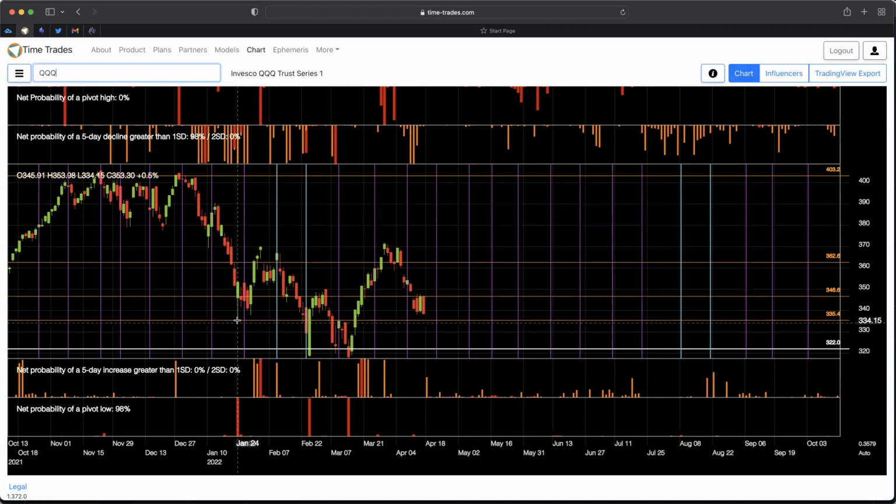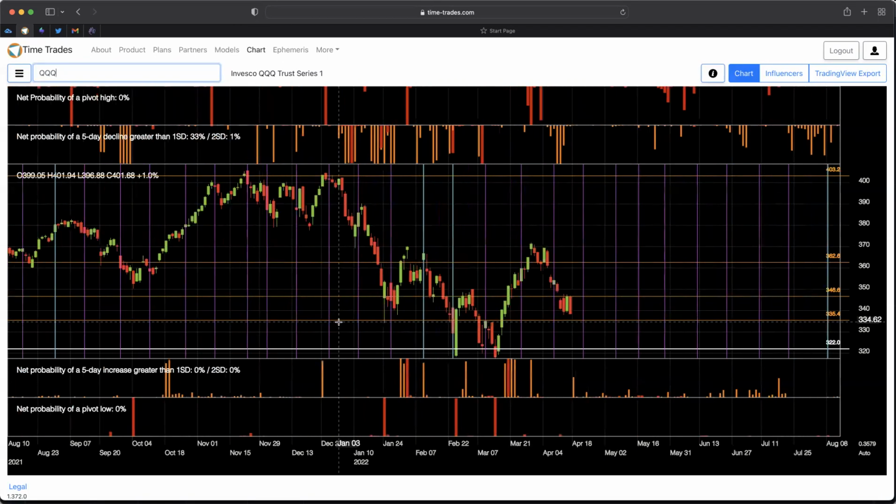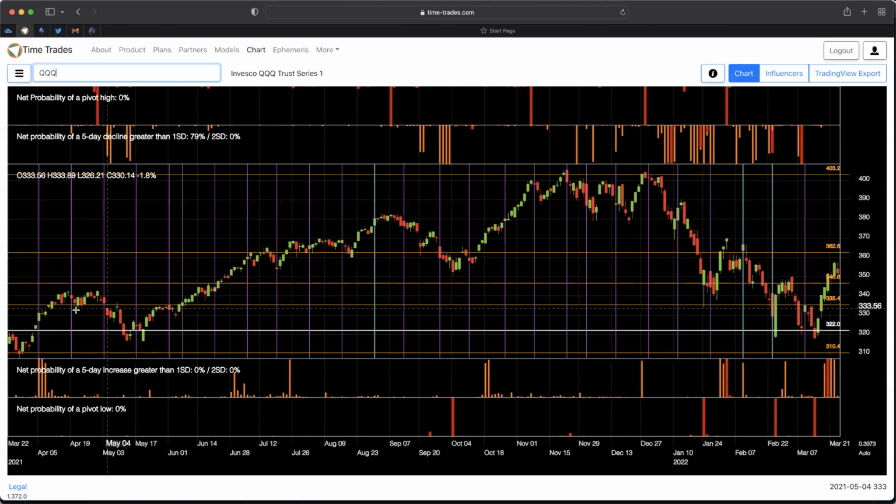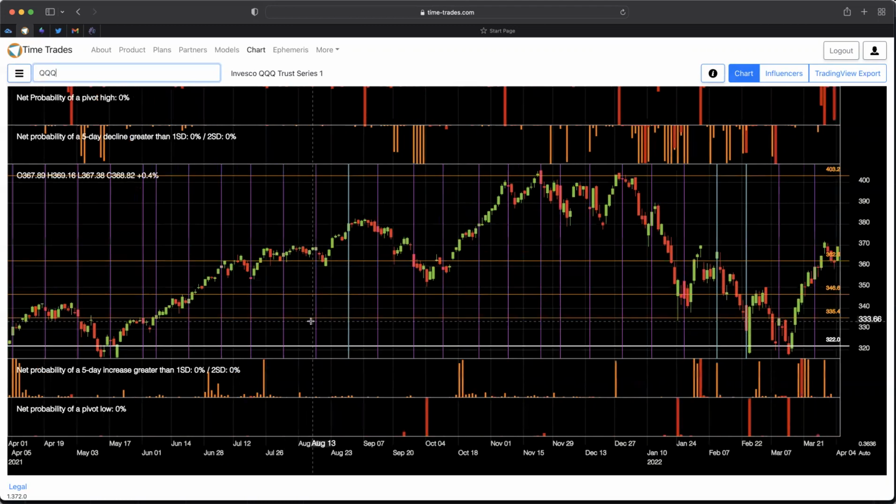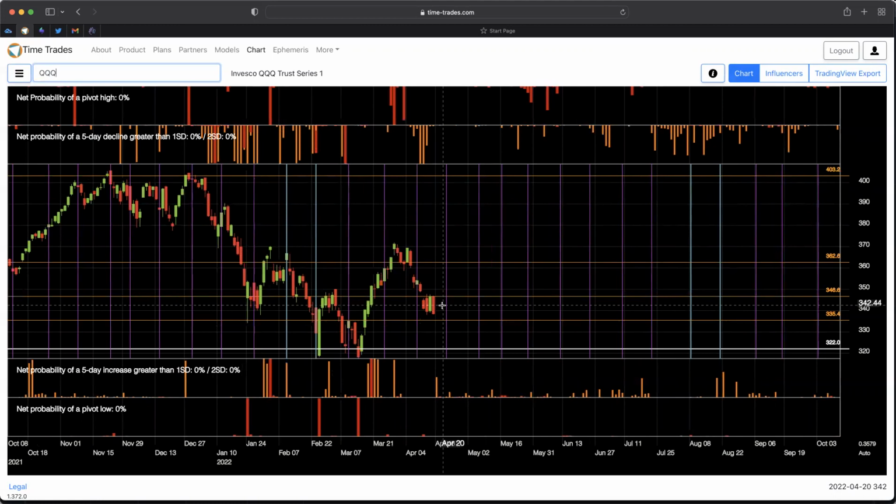You can see how it provided support back here in January, resistance in March, and if you scroll back even more, you can see how important it was last year in April and June. So my expectation is to see it come down and tap the magic level here at 335.